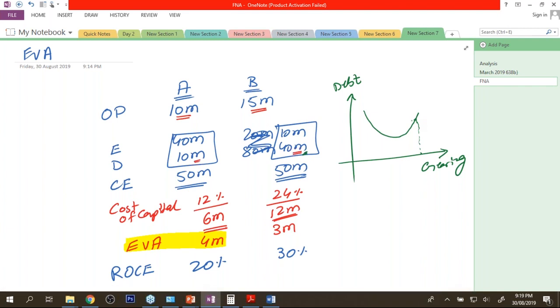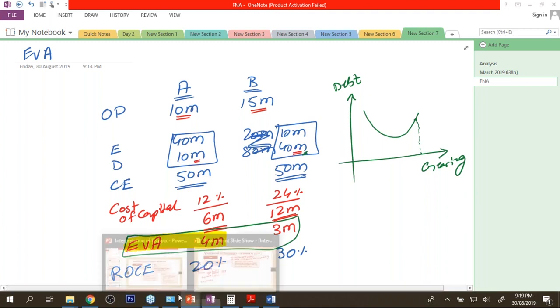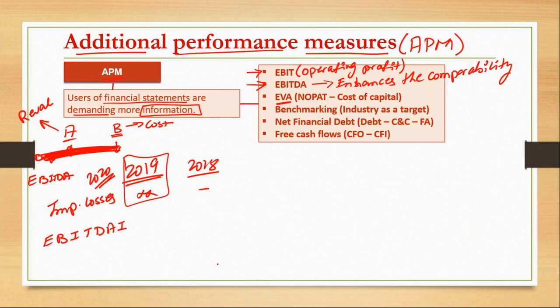In SBR, we are simply going to discuss the concept of EVA, not even calculate it. So if we go back, EVA tells us how much value we are earning above the cost of capital, what value we are generating above the cost of capital for the shareholder.